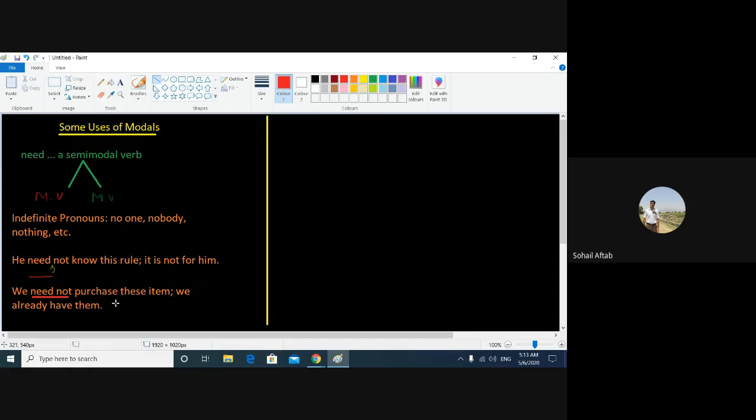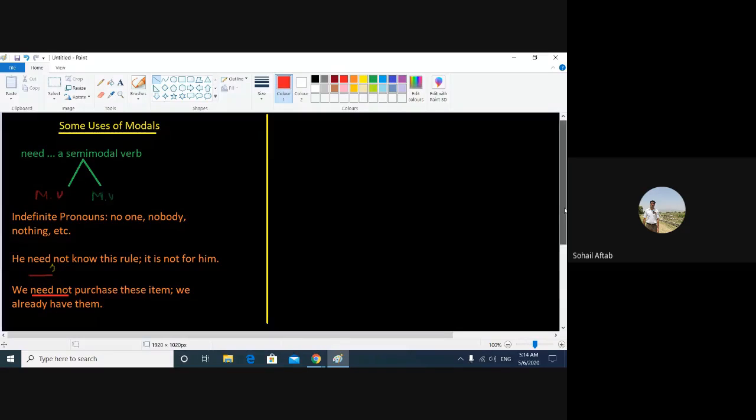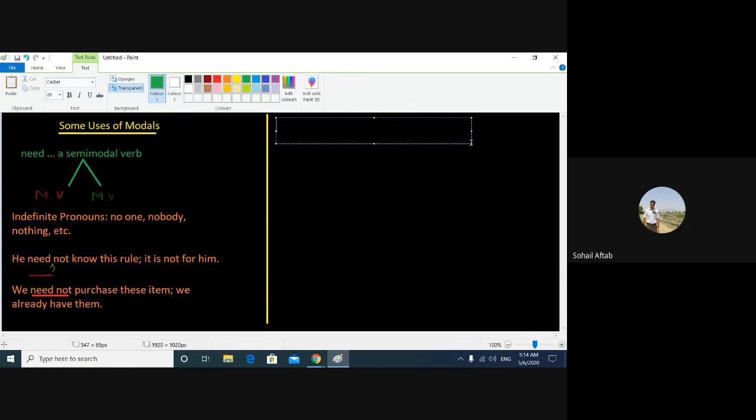And what about questioning in such a state? If you want to ask a question, what will you do then? Let us shift our work to the next side of the board and see how we can deal with questions with need.